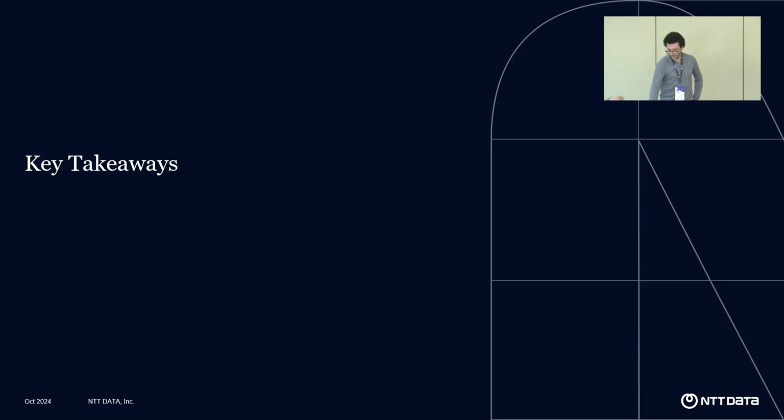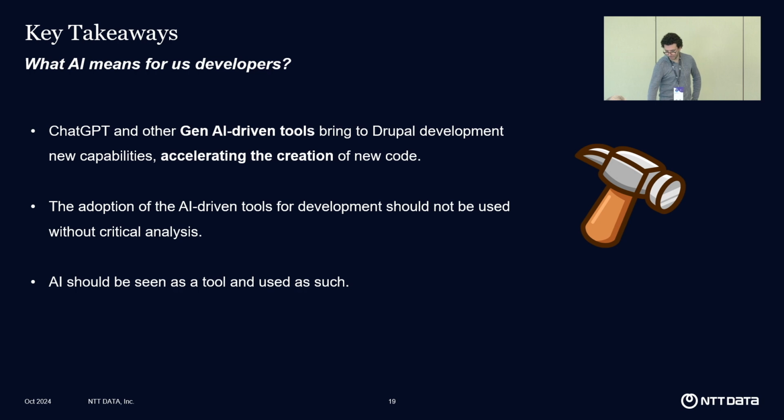Now, key takeaways. I think we have all this talk with AI, and we as developers need to look at it as a tool, as any other. So a tool has some things it's good at, it has things it's not so good at.